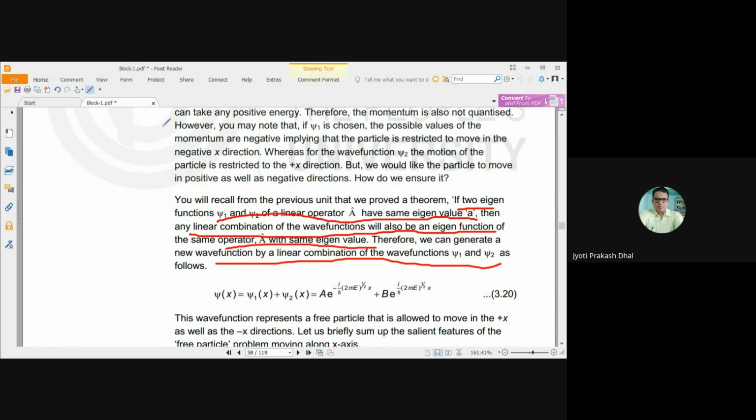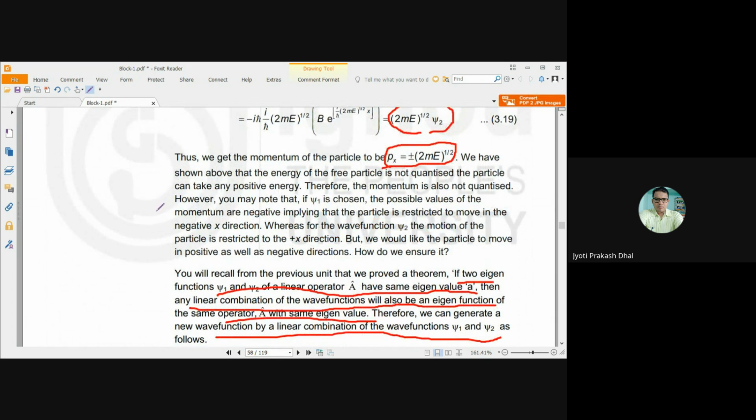Because we have observed that if we take the first wave function, the momentum will be negative, meaning the particle is restricted to move in the negative x-axis. And if we take the second wave function, the momentum will be positive, meaning the particle is restricted to move in the positive x-axis.